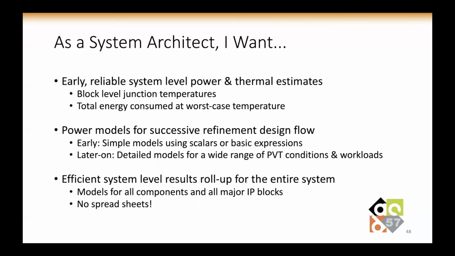I'd like my models to support a successive refinement flow. By successive refinement, I mean that I'm willing to work with estimated or first order models early in my design, but want mechanisms by which I can easily refine or replace my model with more detailed data when it becomes available. This is especially the case with regards to temperature.